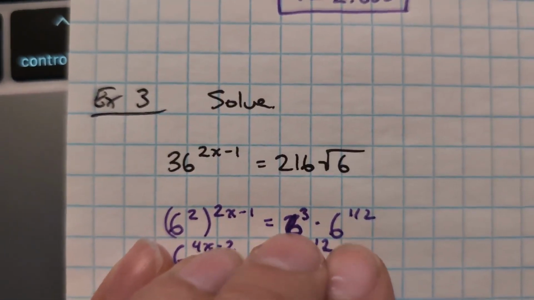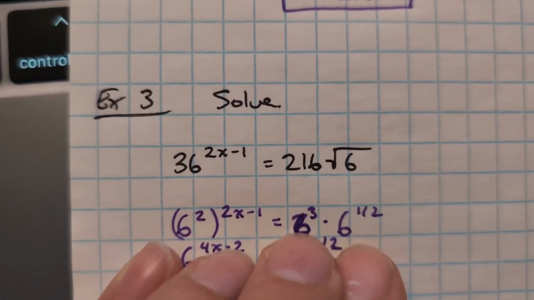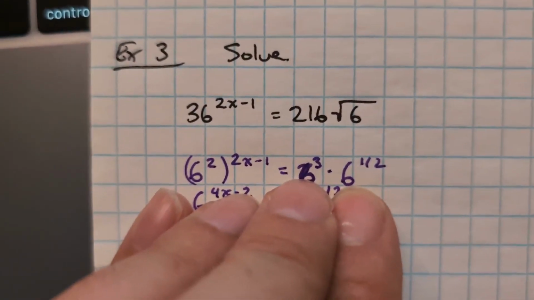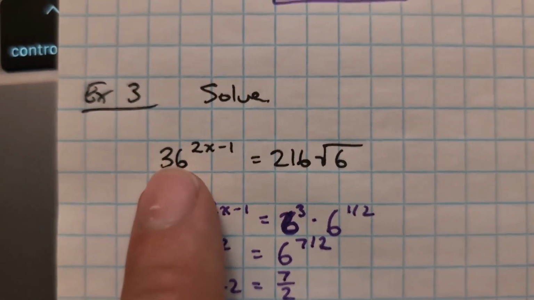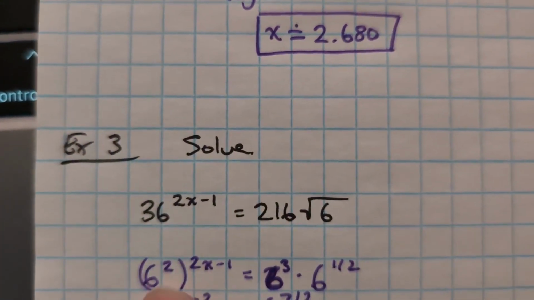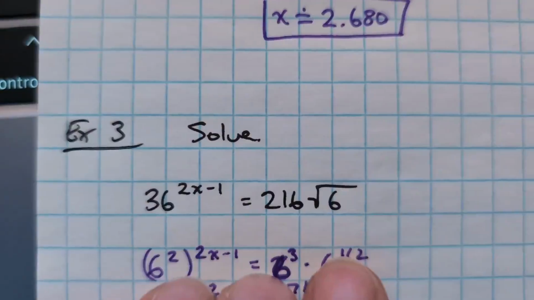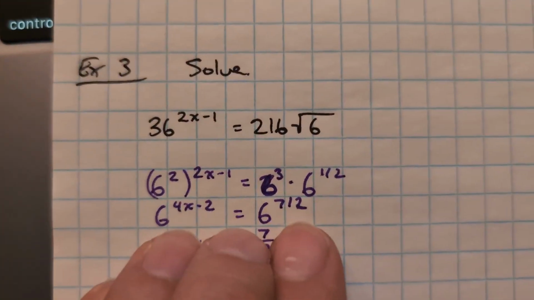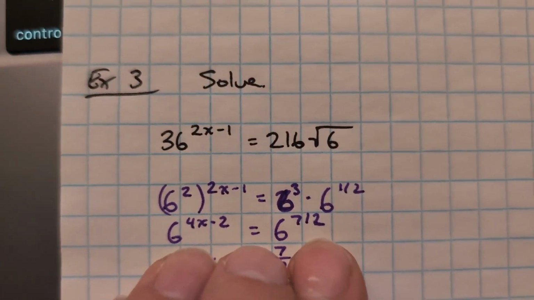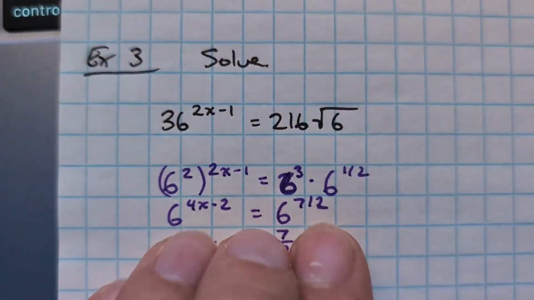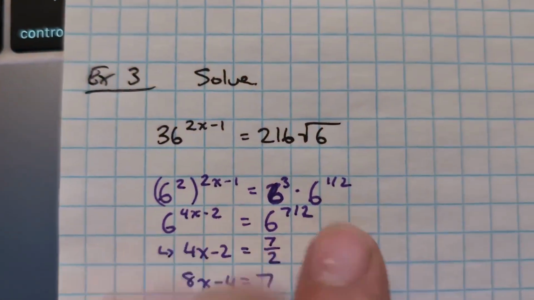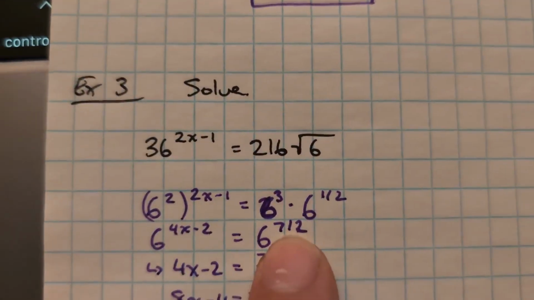So I can replace that with 6 cubed, my root 6, so I can use my fractional exponents, that's the same as 6 to the power of a half, and 36 is the same as 6 squared. And so then using exponent rules to combine things, I multiply my exponents on the left, and I get 4x minus 2 in my exponent. And then here I got to add, so 3 plus a half, I get 3.5, or 7 over 2.